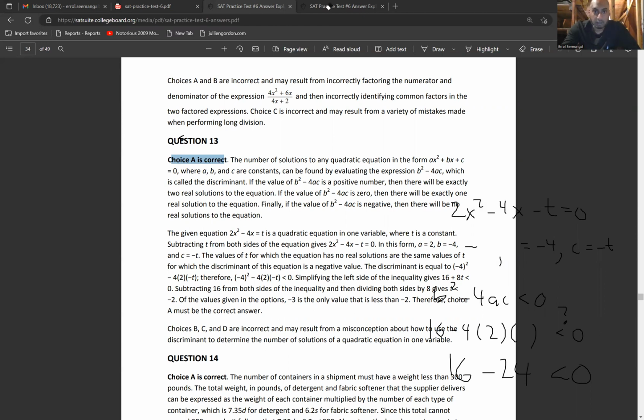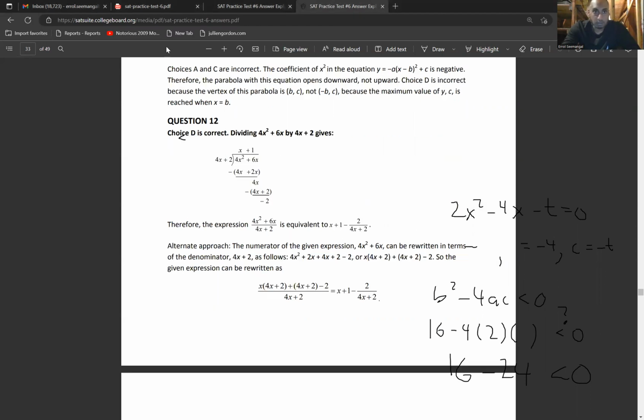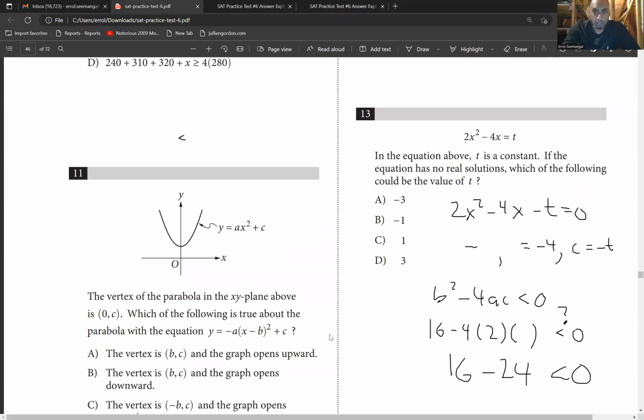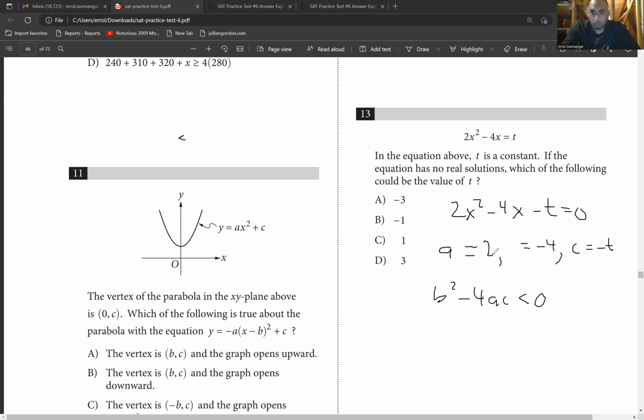All right, let's go back. What they did was leave this as t the whole way down. They didn't plug in the t until the very end. They plugged in A equals 2, B equals -4.